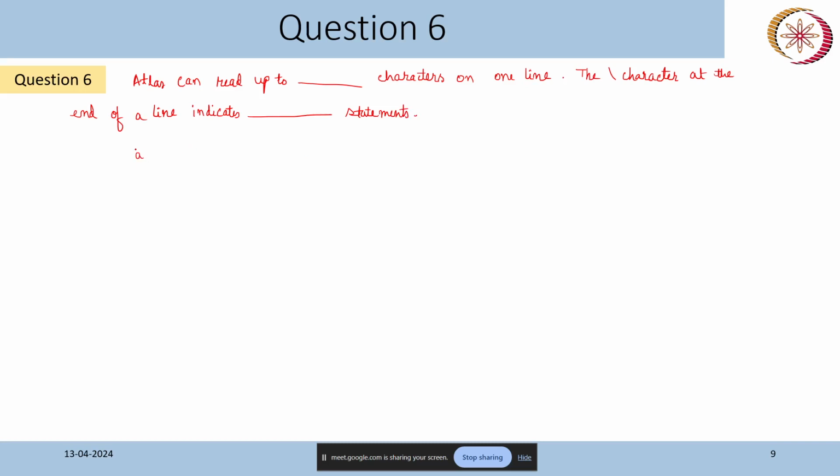The options are A, 256, continuation of long input. Option B is 256, end of input.